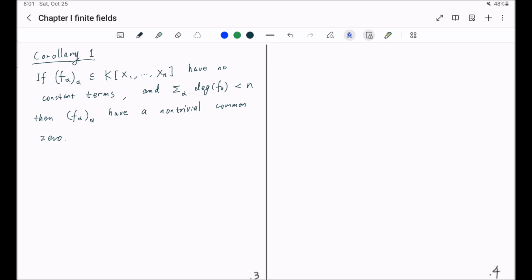This corollary of Chevalley-Warning theorem says that there exists an additional common 0 for those polynomials. The proof is easy thanks to the Chevalley-Warning theorem.